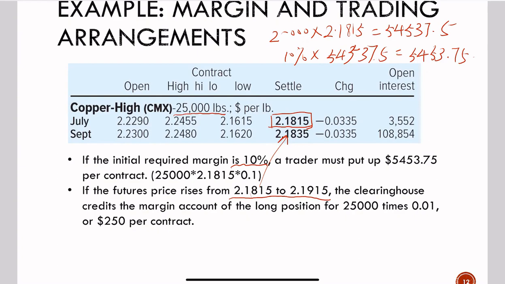What is the 1 day profit? For one contract, you have 25,000 pounds, and the per pound increase is 1 cent. So it's 25,000 times the per pound increase, which is $250. So on that day, you will get this money. Clearly, if you're taking a short position, then after the settlement price has been determined, your account will be deducted this $250.